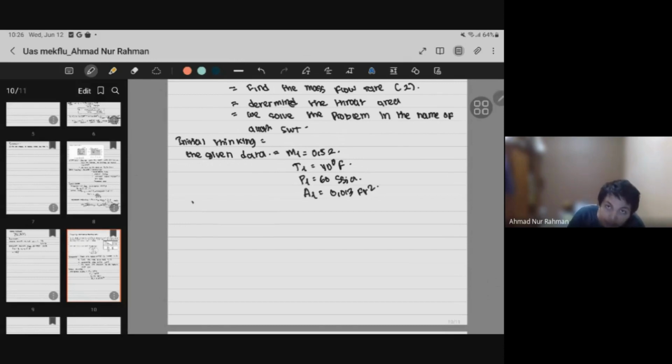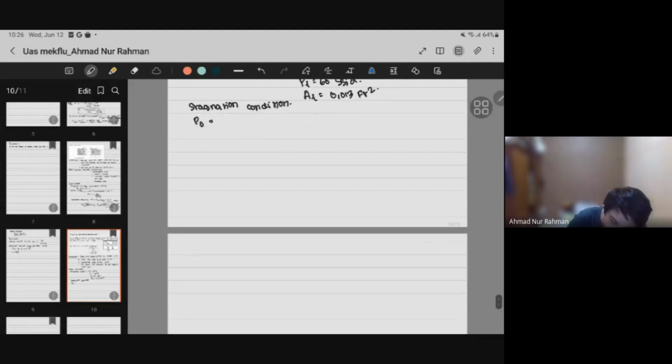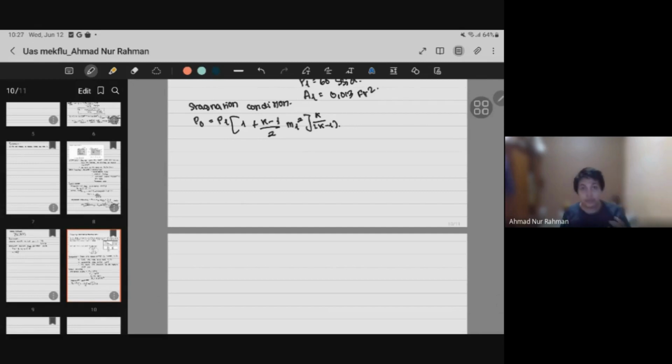P0 equals P1 times (1 plus (k minus 1)/2 times M1 squared) to the power k/(k minus 1). From this, we can find the stagnation condition.